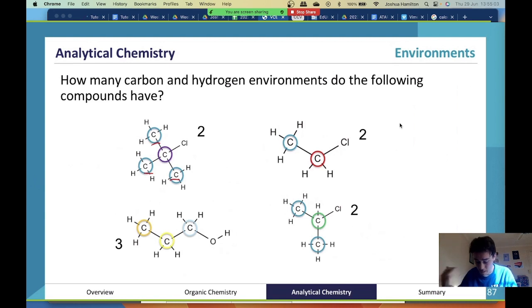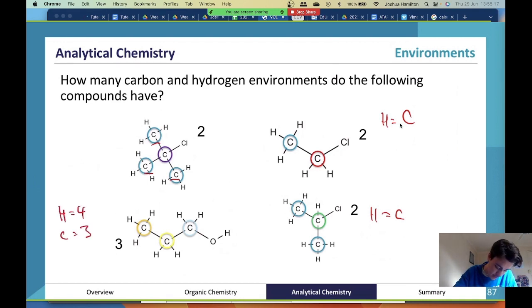So sometimes they match up. As you can see, this one matched up, so hydrogen and carbon were the same. This one here, hydrogen and carbon were the same. However, over here, this one was different because hydrogen was 4 and carbon is 3, and then here hydrogen was 1 and carbon was 2. So sometimes they're different, sometimes they're the same. You cannot assume that they're always going to be the same.